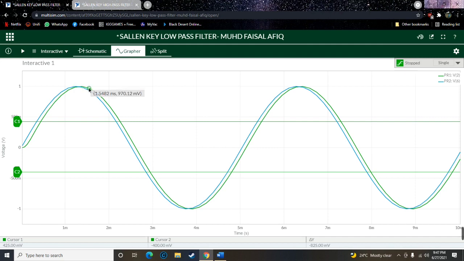The voltage in that we give is 1 volt Vp, with the frequency based on the table we calculated. So voltage gain is voltage out over voltage in, 2 volt over 2 volt, so we get 1.